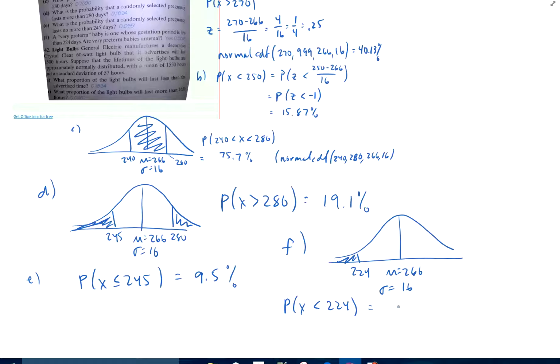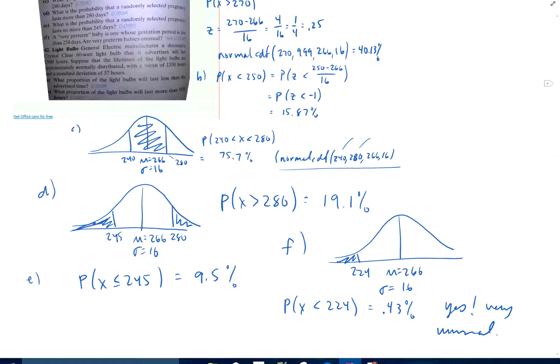Okay. So you guys good on the limits here? My limit for this problem would be negative 999 and then 244, and I get 0.43%. Okay. So are preterm babies unusual? Yes. Very unusual.